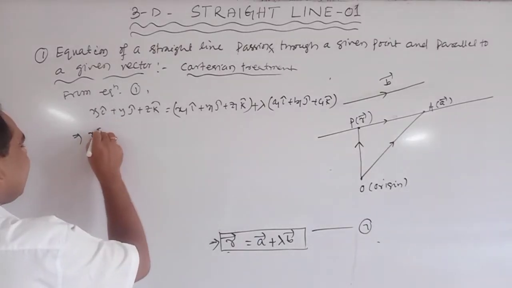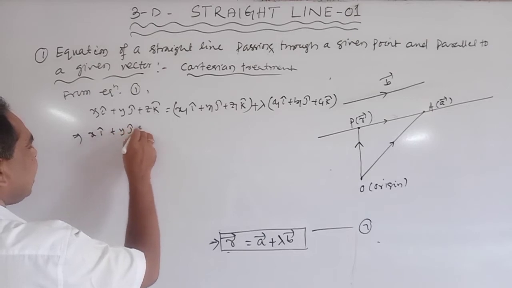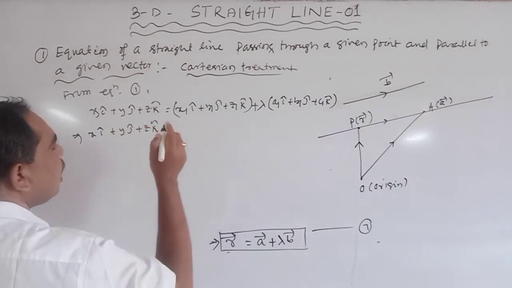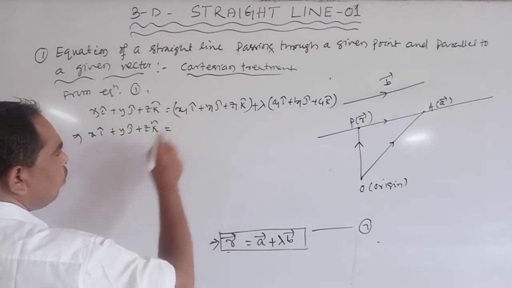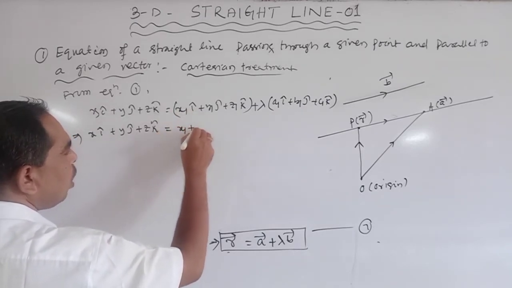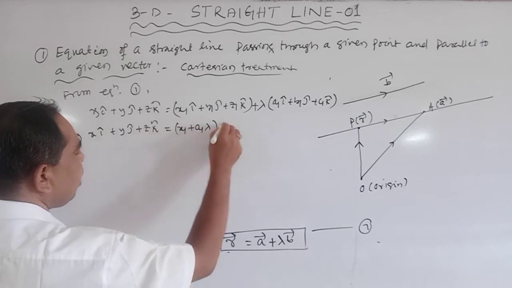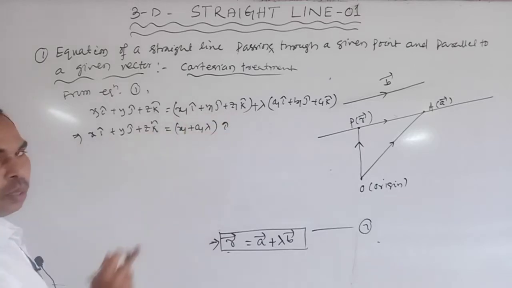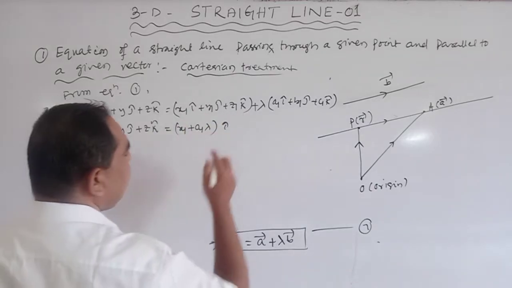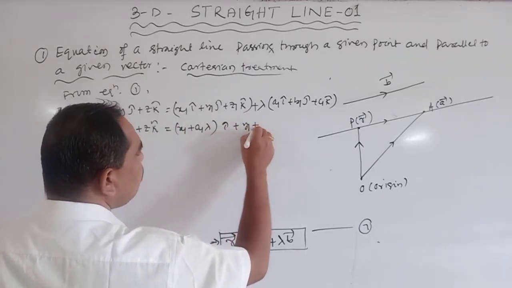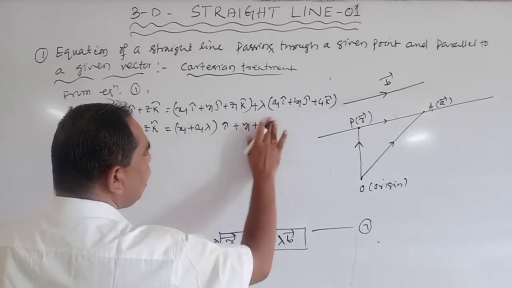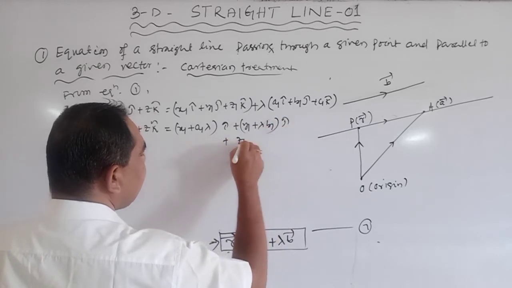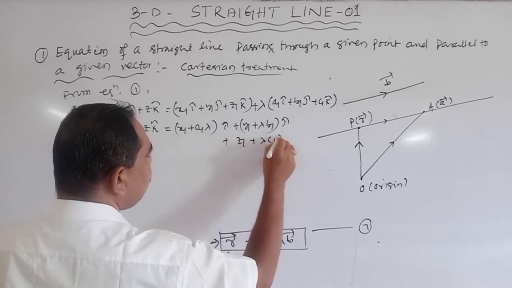So this implies x I cap plus y j cap plus z k cap is equal to x1 I cap plus lambda a1 I cap. I cap is common, so x1 plus lambda a1 I cap plus y1 plus lambda b1 j cap plus z1 plus lambda c1 k cap.